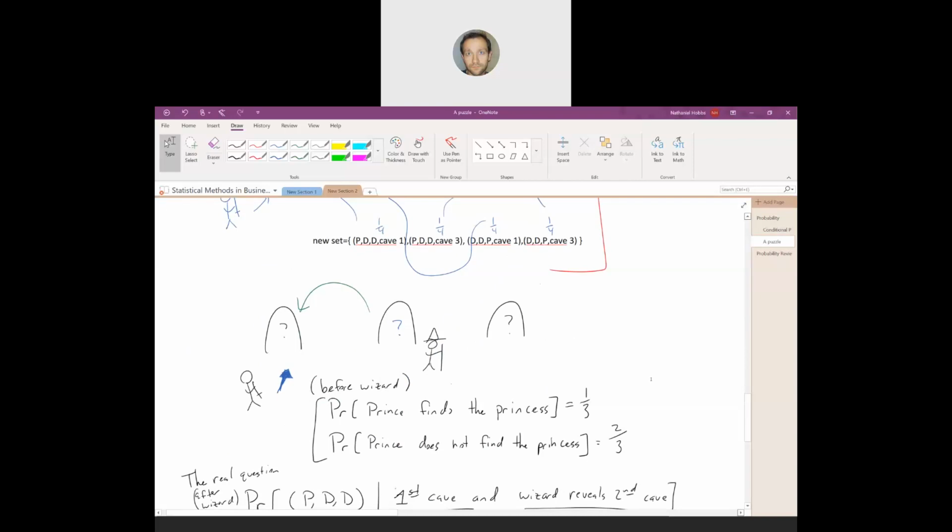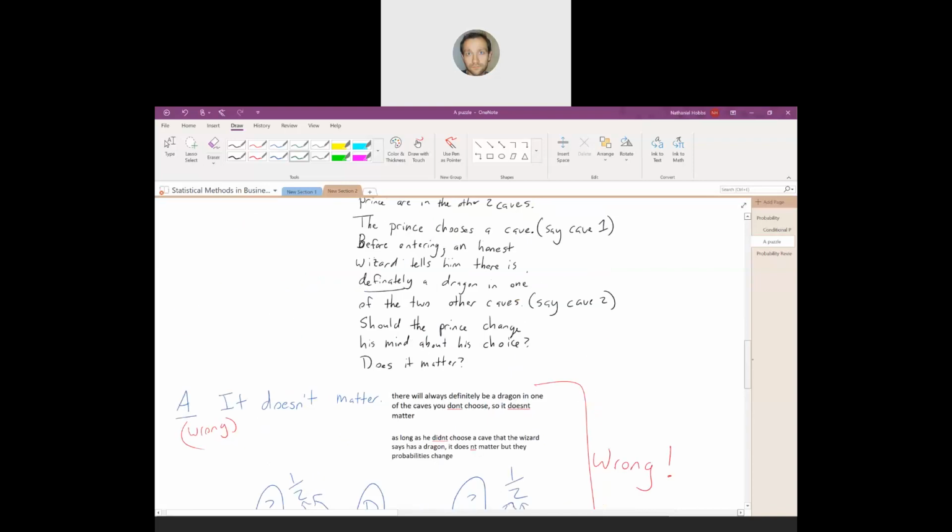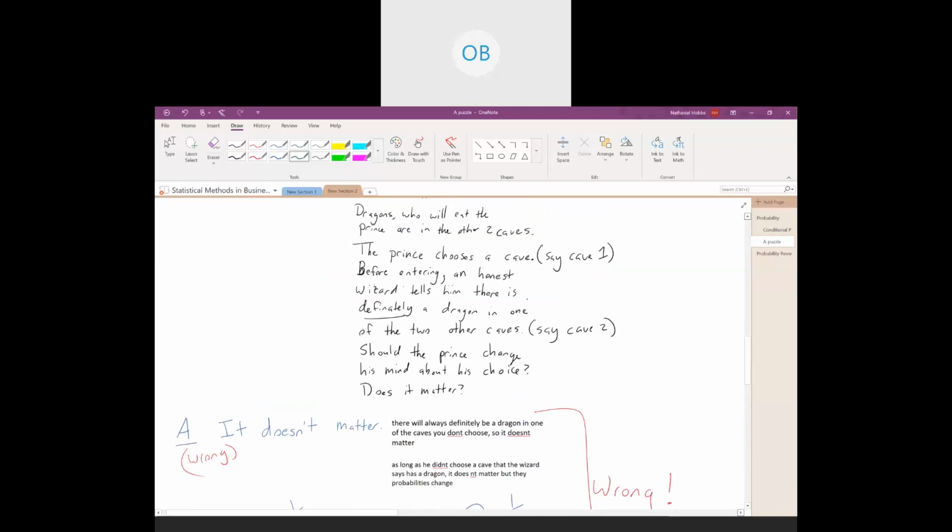So can the wizard reveal a dragon in here? Could this happen? No. Why not? Because there's definitely a dragon in one of the other 2 caves.